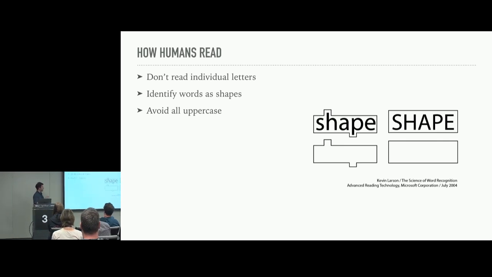For this reason, Britain in the 1960s realized through research that the usage of capital letters on signs was not a good idea. They switched to using small letters because, as you can see here, they give a more distinct shape, which makes it easier to identify what you're reading.